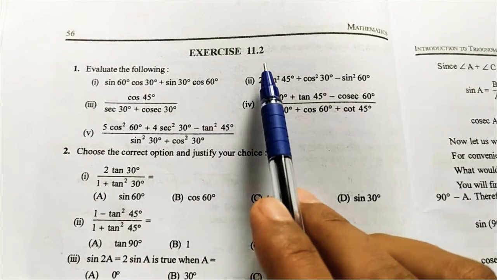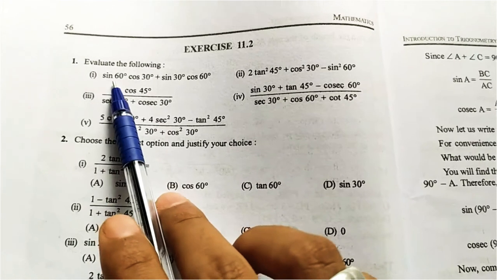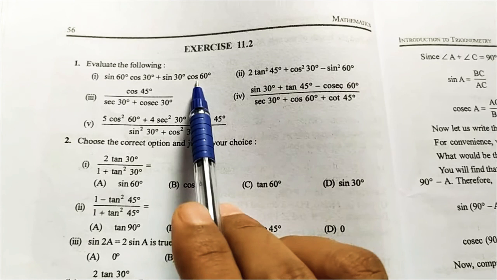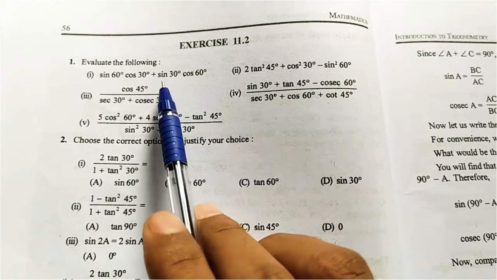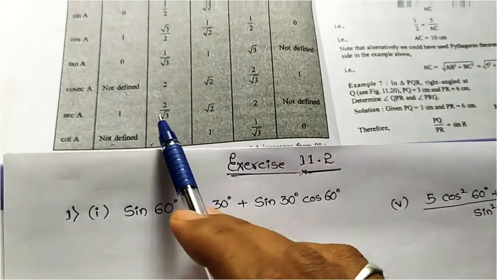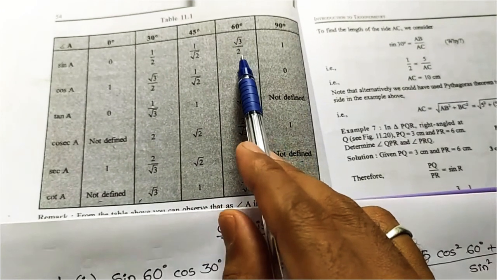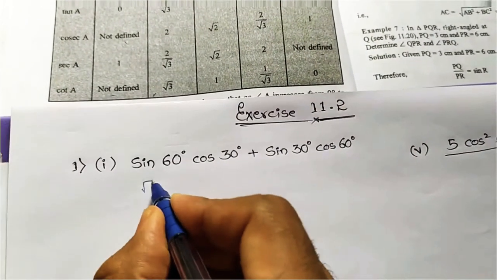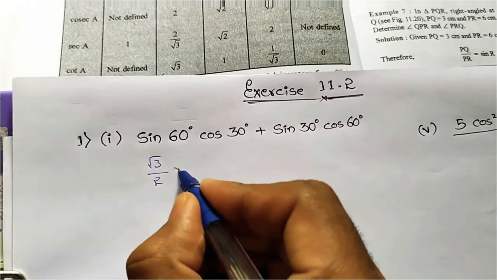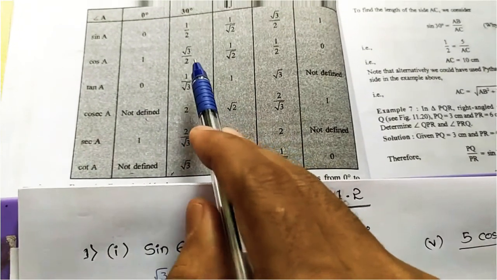Now exercise 11.2. Here we have to evaluate the following. In the first one: sin 60 cos 30 plus sin 30 cos 60. Okay, using the specific ratios we have to solve this one. Now sin 60, go to the table, sin 60 is root 3 by 2.